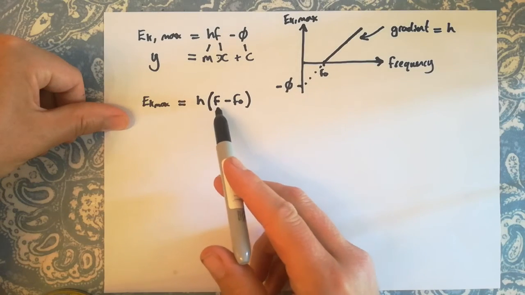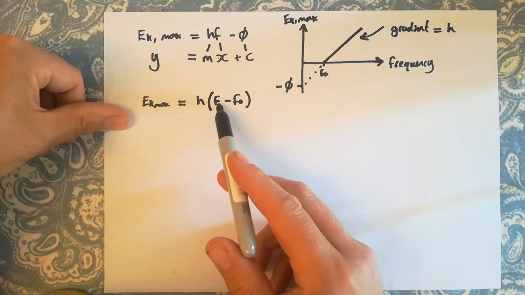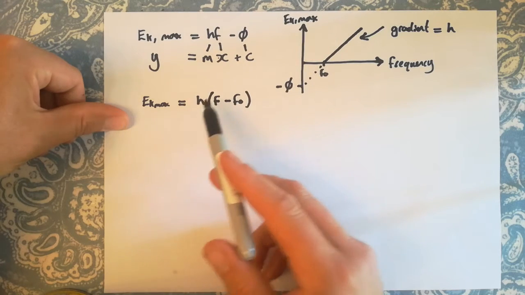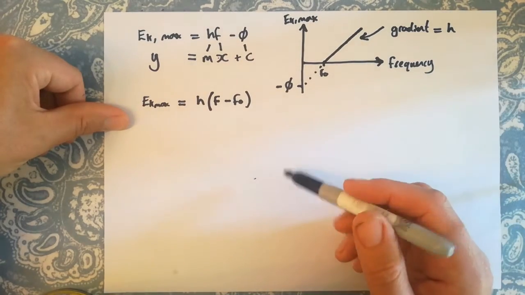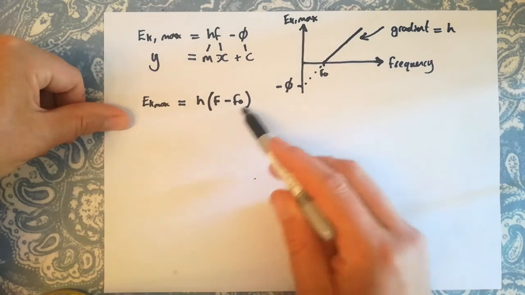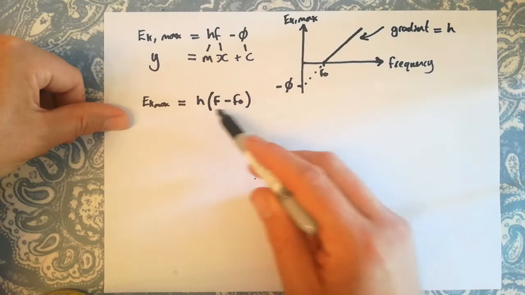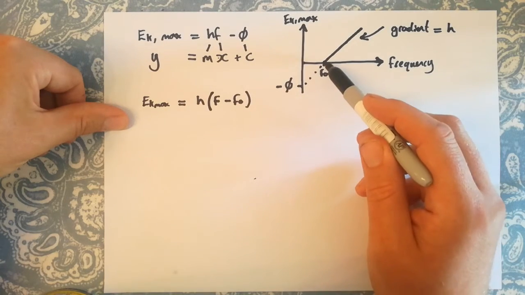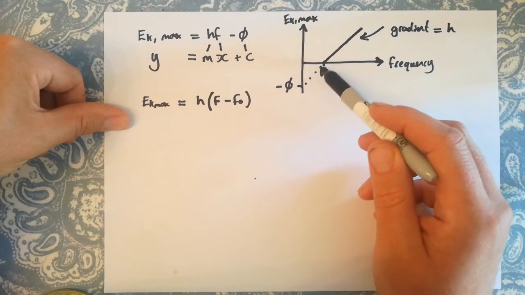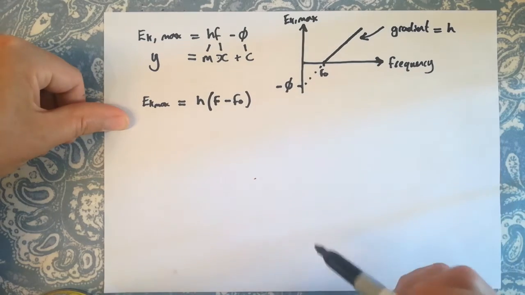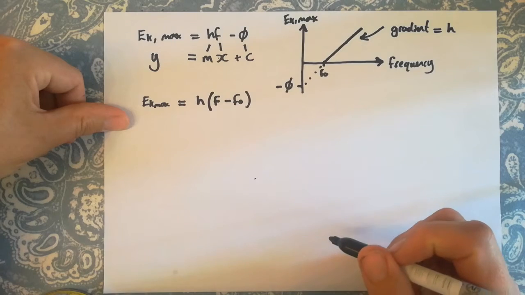Again, we get the fact that the gradient of the line is equal to Planck's constant, and we also get the result that we've already put on here, that the x-axis intercept is the threshold frequency value.